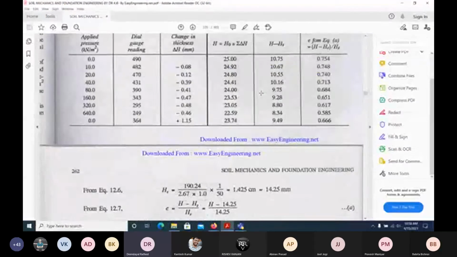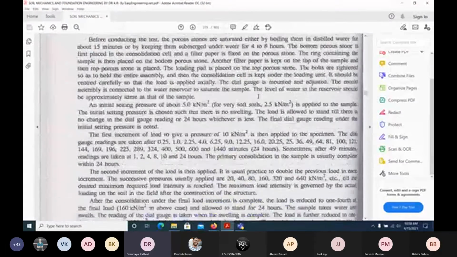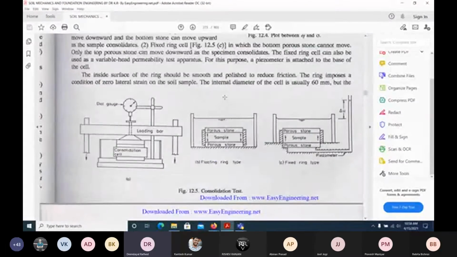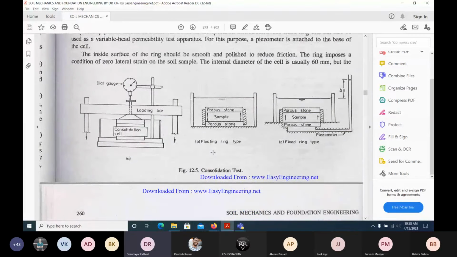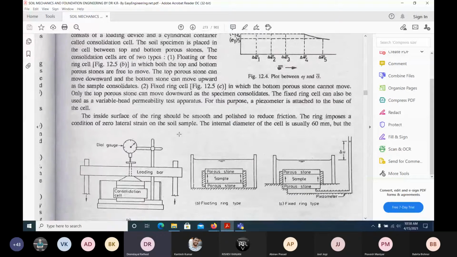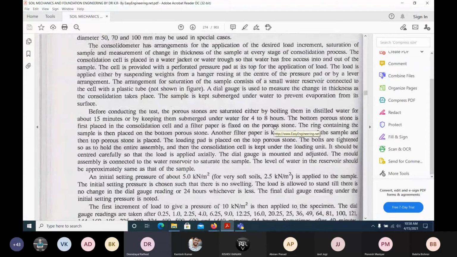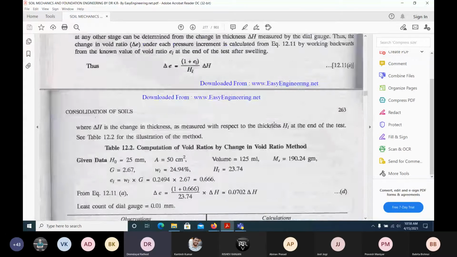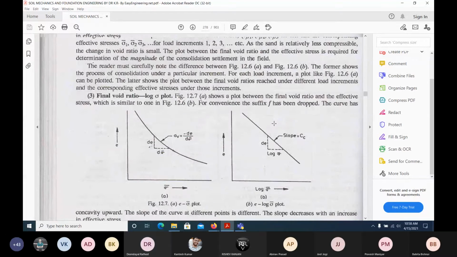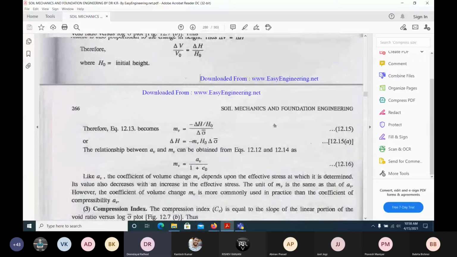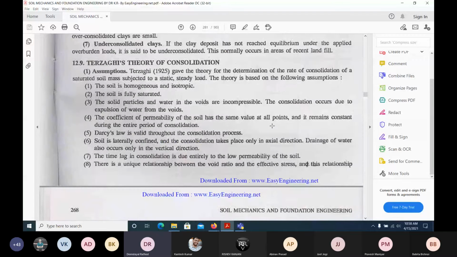We have seen it, and we are seeing some basic definitions. The consolidation tester we call an odometer also. Somewhere it may be written as consolidometer or odometer. We are defining some important basic definitions.